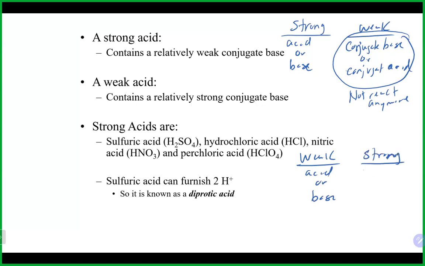So you would have a strong conjugate base or conjugate acid. When we talk about a strong conjugate acid or strong conjugate base, they are still way weaker than a true strong acid or strong base.